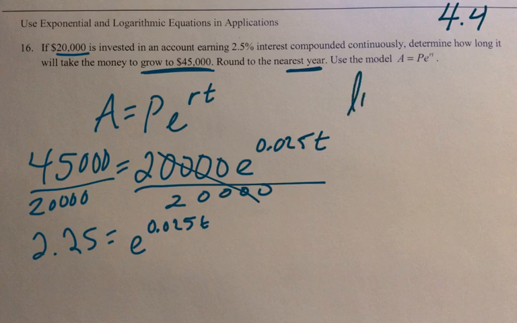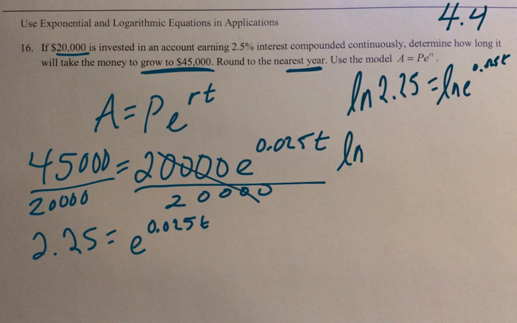So we're going to get the natural log of 2.25 equals the natural log of e to the 0.025t. By the power rule, that's going to give us the natural log of 2.25 equals 0.025t natural log of e. Natural log of e is just 1. So that's going to go away.